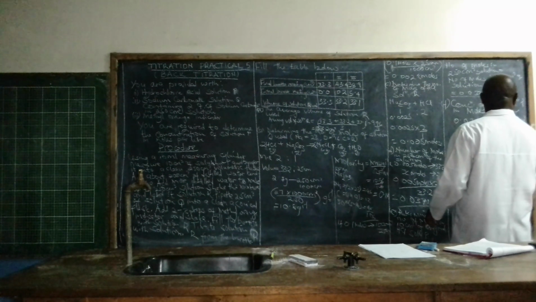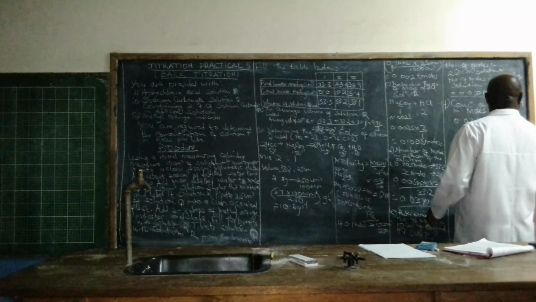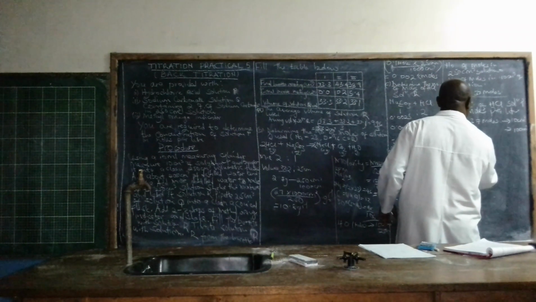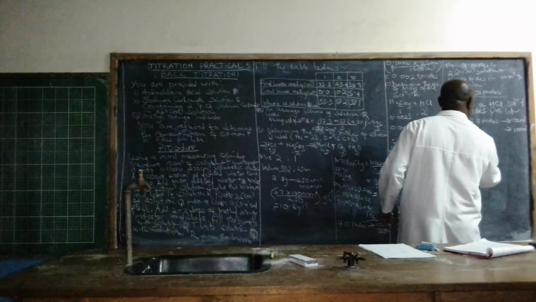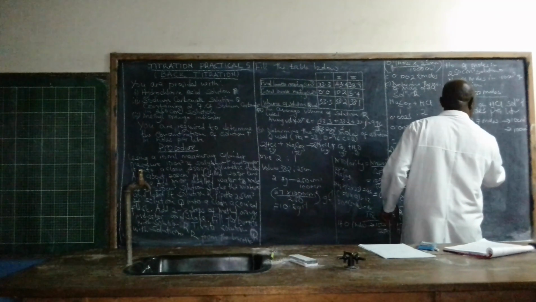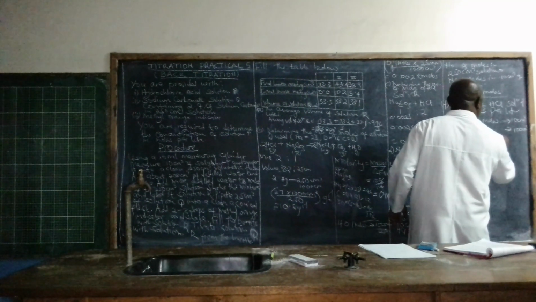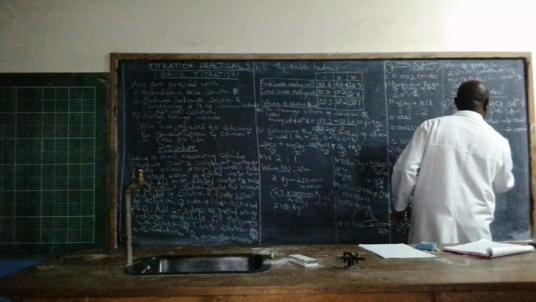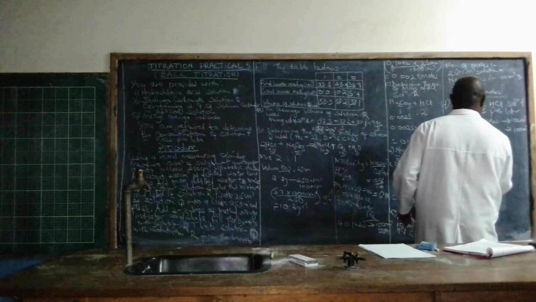What about in 1,000? So we are going to cross multiply: 0.037 moles times 1,000 over 10 cubic centimeters. All this is concentration.